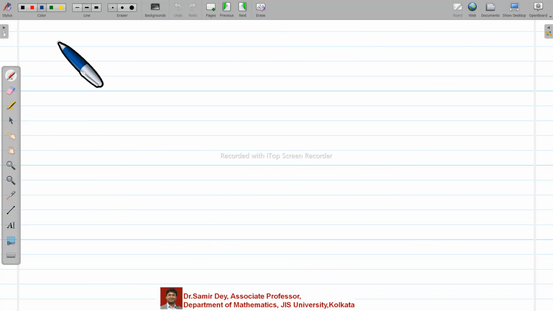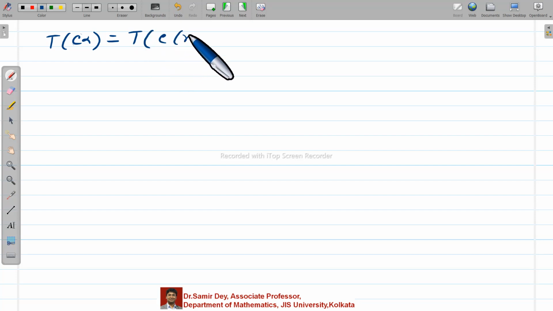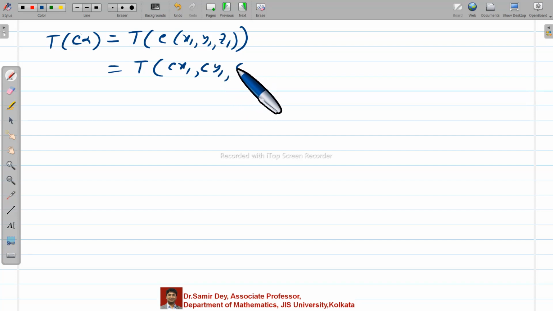Now come to the second condition. What is your second condition? That is T of C alpha. We need to prove T of C alpha is equal to C T of alpha. Okay, so T of C times (x1, y1, z1) is equal to T of (Cx1, Cy1, Cz1). So formula wise you may write (Cx1 plus Cy1, Cy1 plus Cz1, Cz1 plus Cx1), that is a transformation relation.